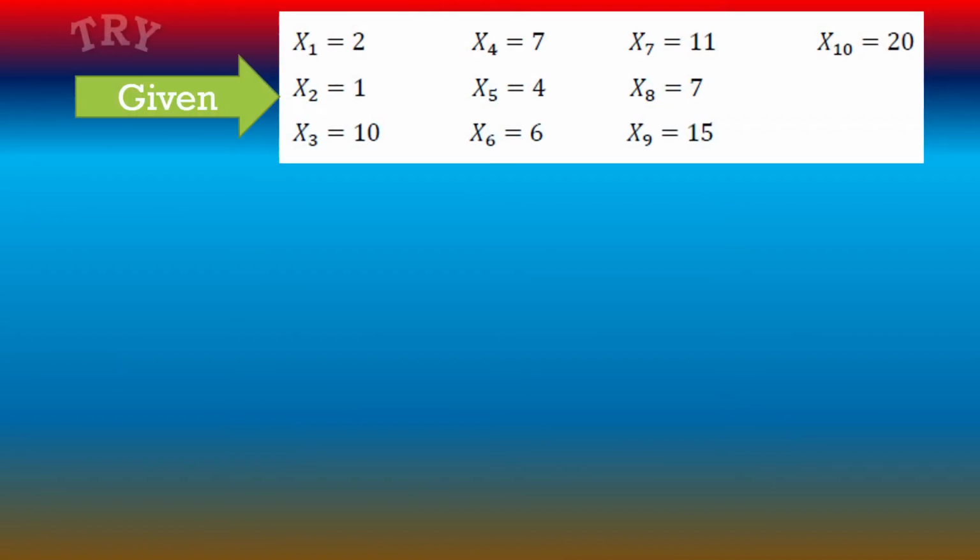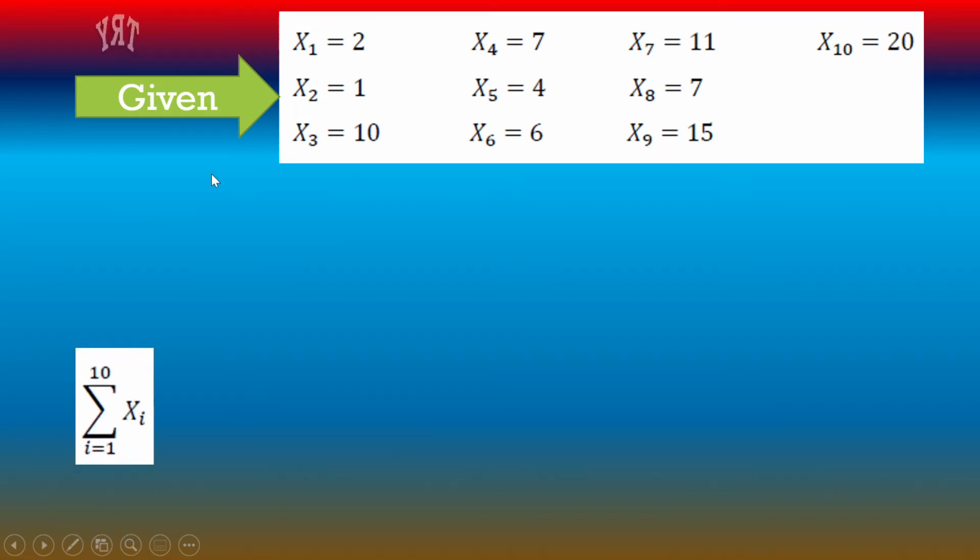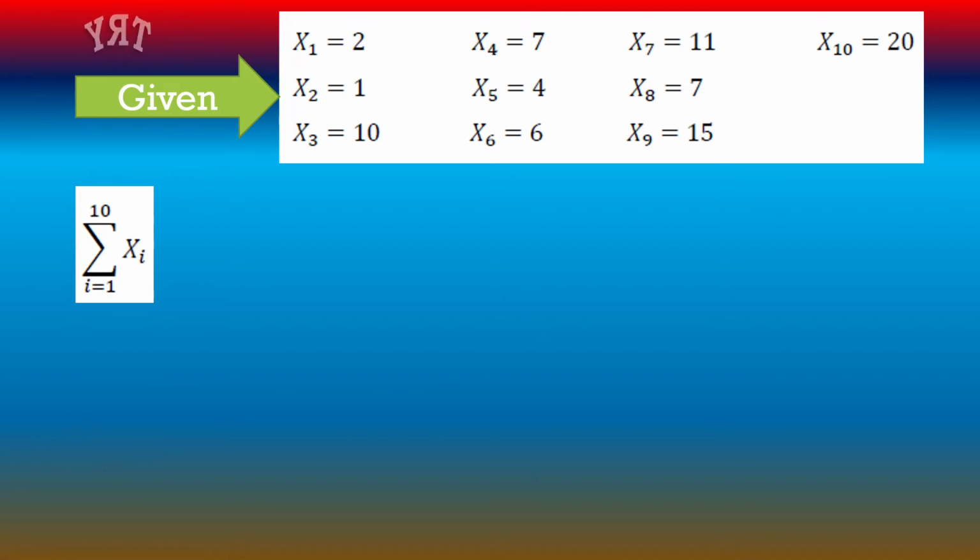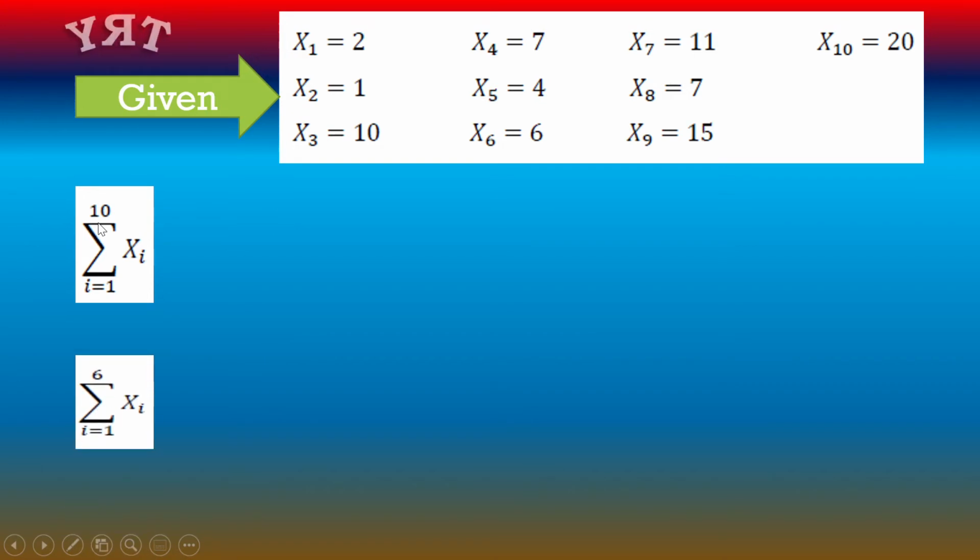So, let's try. Suppose we have the following given, X sub 1 to X sub 3, X sub 4 to X sub 6, X sub 7 to X sub 10. So, the summation of X sub i that ranges from 1 to 10. So, ganun lang din.